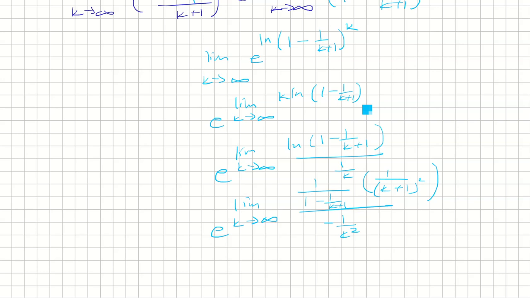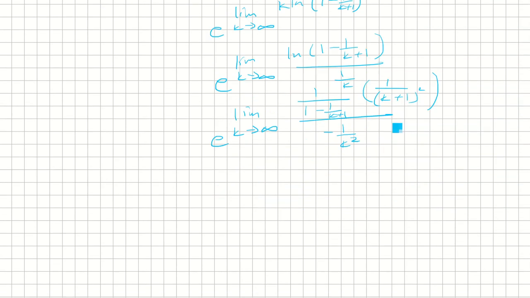So let's rewrite this now. We have e, limit as k approaches infinity. So this negative 1 over k squared is going to be on top, so negative k squared over 1 minus 1 over k plus 1 times k plus 1 squared.